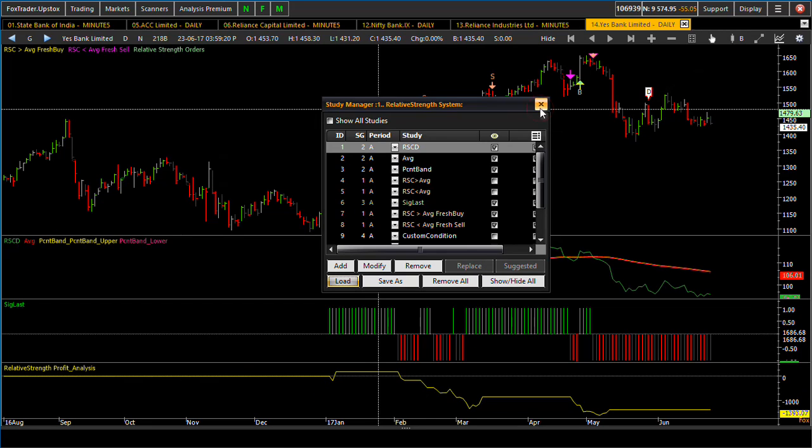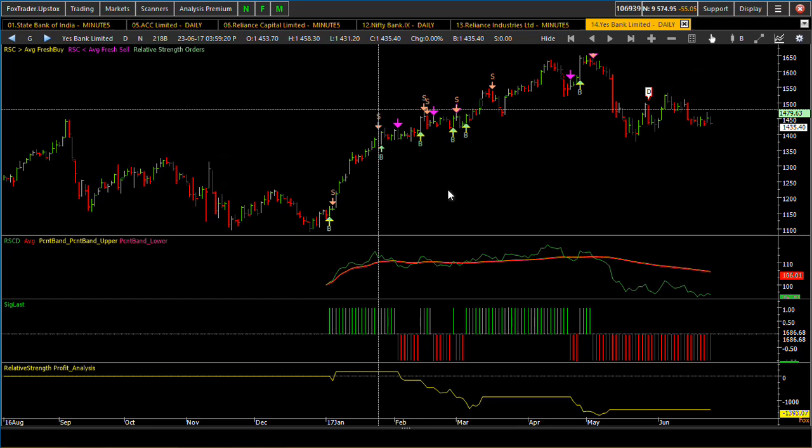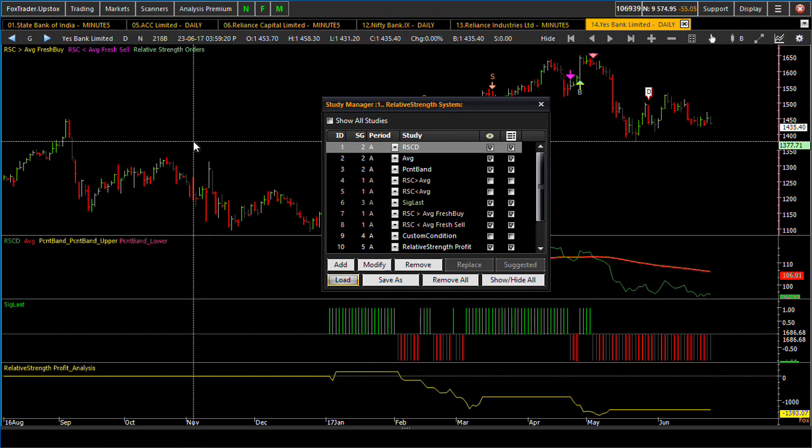Stock ranking is where you compare two different stocks to check which one is outperforming and which one is underperforming. Depending on that, you go long on the outperforming stock and short on the underperforming stock. Here, I have taken the Yes Bank chart and compared Yes Bank with Bank Nifty.